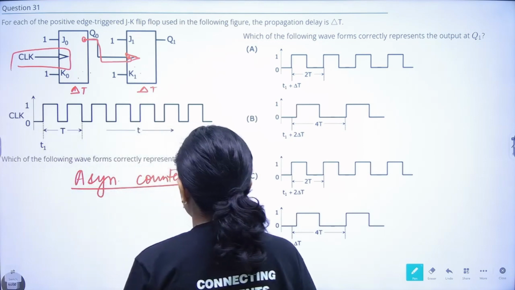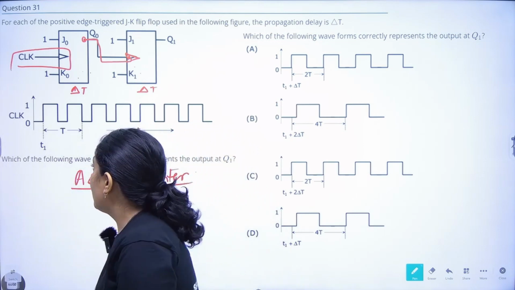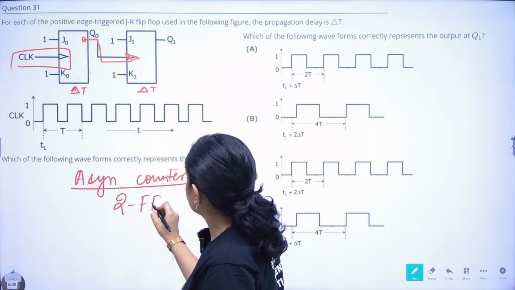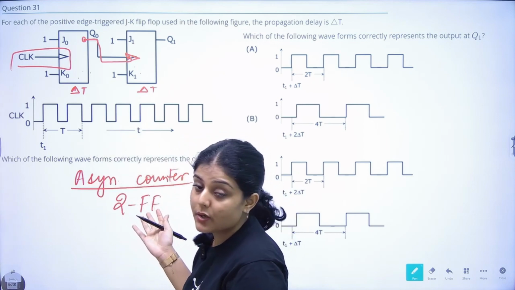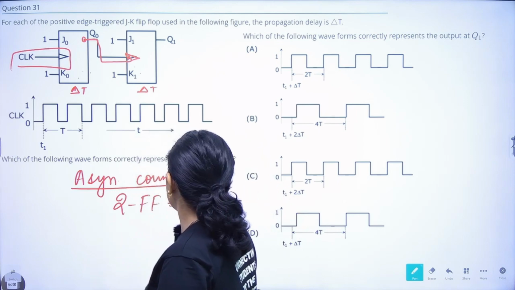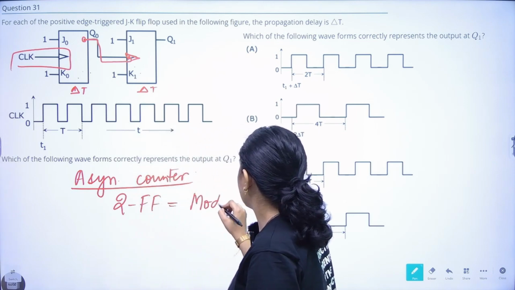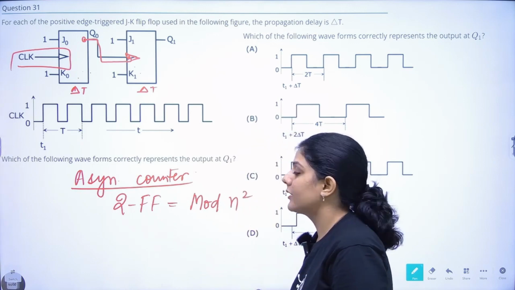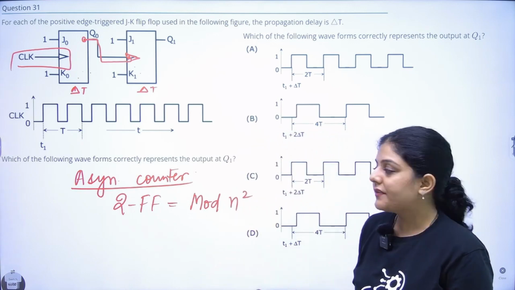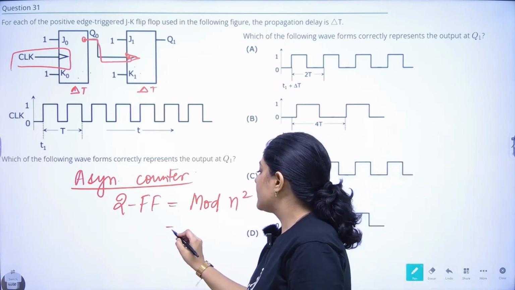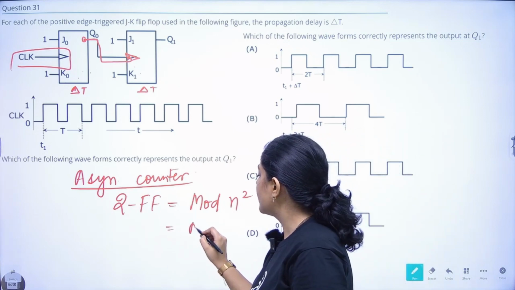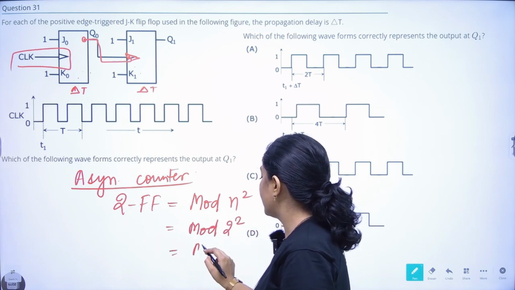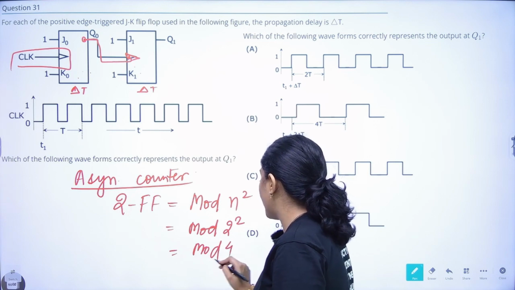Now what's happening in an asynchronous type of counter? Because we can see there are two flip-flops present, the mod is 2 to the power n, where n is the number of flip-flops. So it is 2 squared, so that will be mod 4.